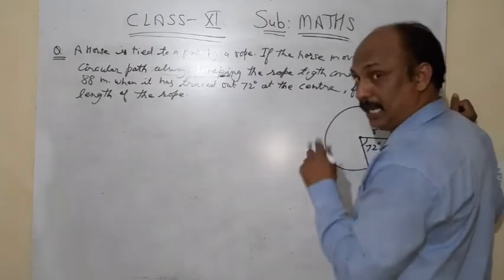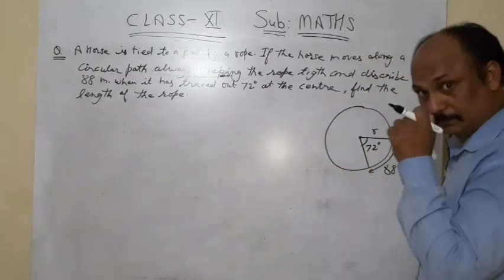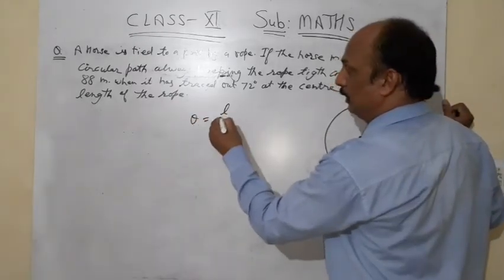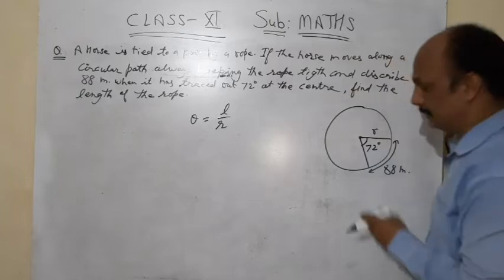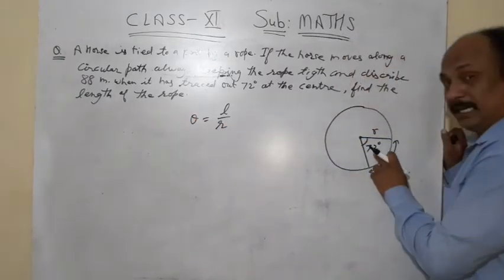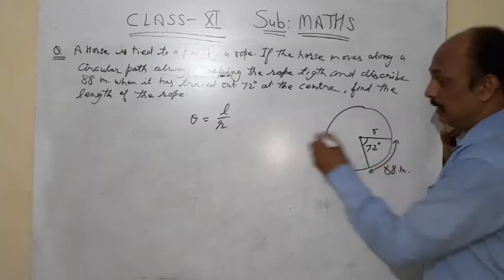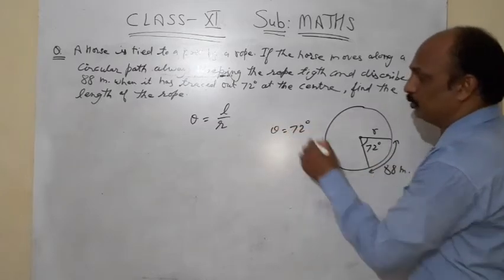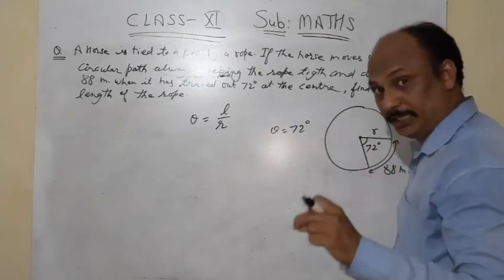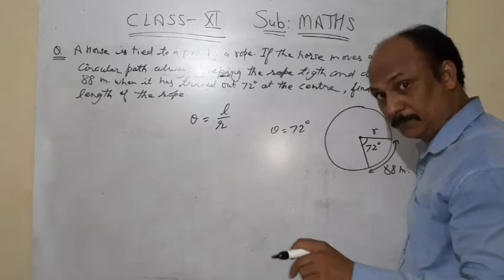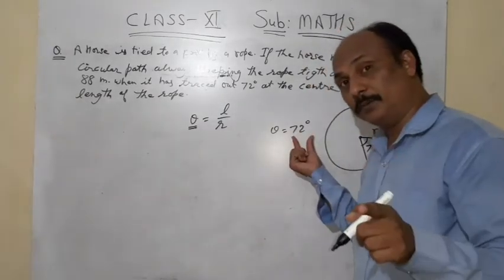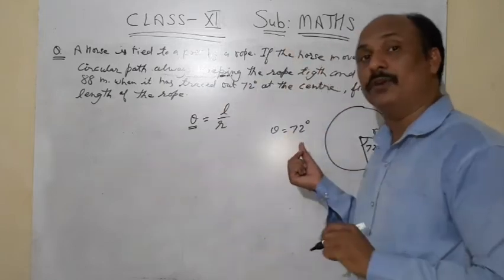With the help of the formula theta is equal to length of arc upon radius, we can put theta is equal to 72-degree. The most important thing in this question is, first of all, we should convert this degree form into radian form.